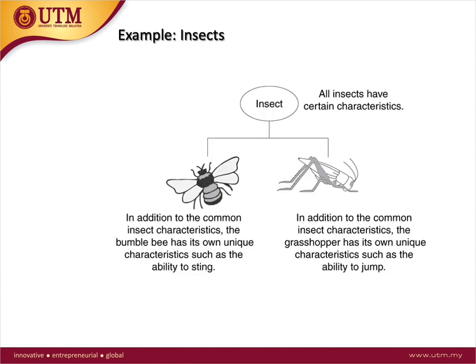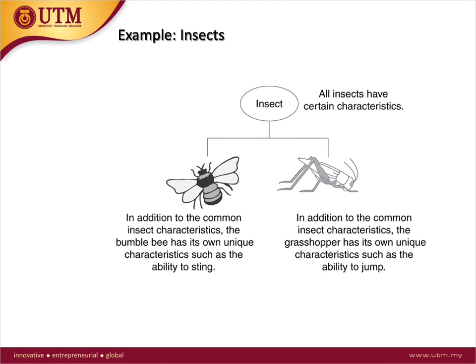If you look at this example of insect, the bee is a category of insect, and the grasshopper is a category of insect. All the characteristics of insects will be in the base class.